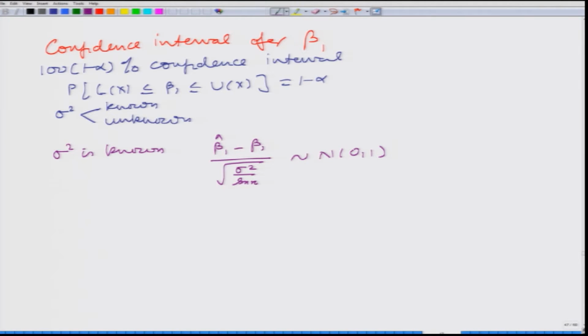So, what I can do here is the following: suppose this statistic is Z1.